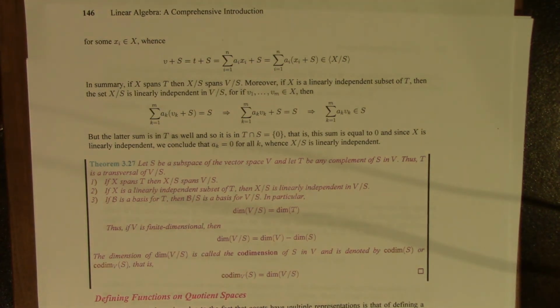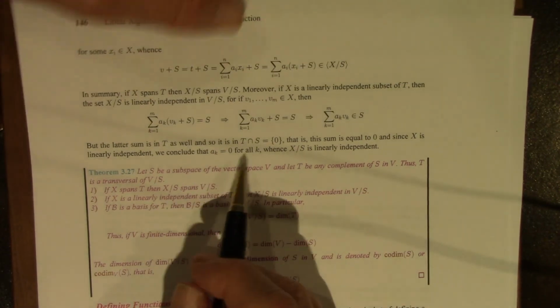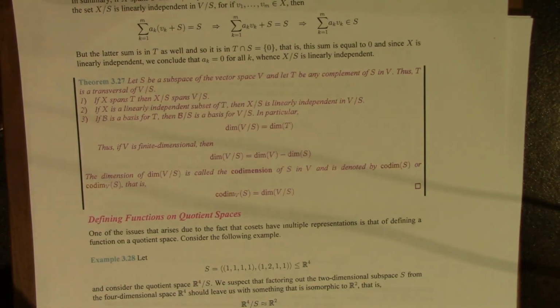So both the spanning property applied to T and linear independence within T imply that the corresponding cosets either span V mod S, which is T mod S, or in the second case are linearly independent. Spanning and independence transfer from T to the quotient space. That's the content of this theorem.